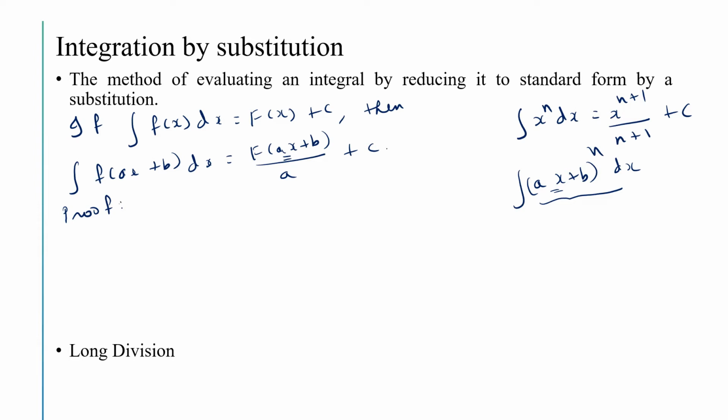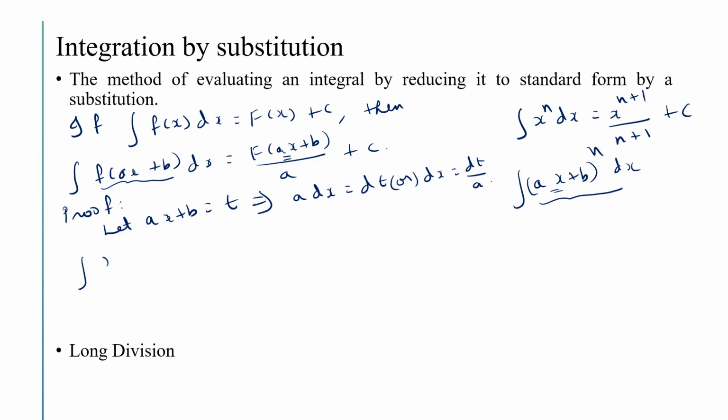To integrate this function, integral f of ax plus b, we have to substitute ax plus b as t. So let ax plus b equal to t. Then if we differentiate both sides, we get a dx is equal to dt, or dx is equal to dt by a.